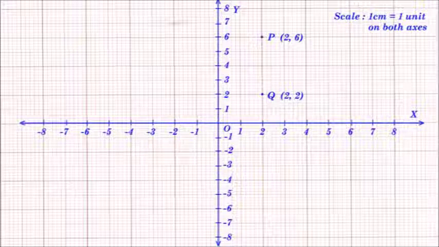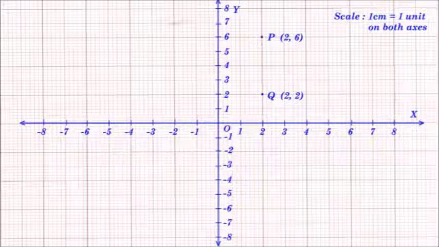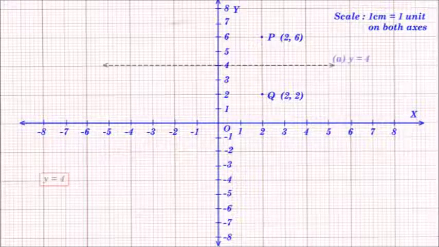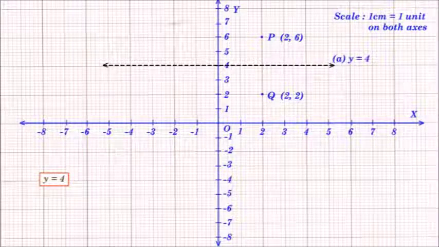There is a difference of 4 units between these two coordinates, that is 6 minus 2, which is 4. Now divide this 4 by 2, half of 4, that is we get 2. So we must have the axis of reflection at a distance of 2 units from both these points. So we will get the line as y is equal to 4.